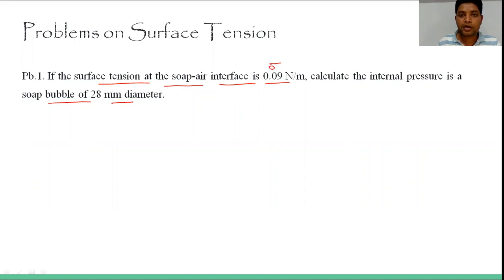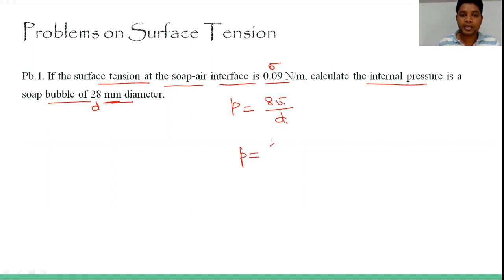Okay, so the interface surface tension is given to you, that is the value of sigma, 0.09 Newton per meter. The internal pressure we have to calculate, where the diameter of the soap bubble is given to us. In that case the pressure will be equal to 8 sigma by d.